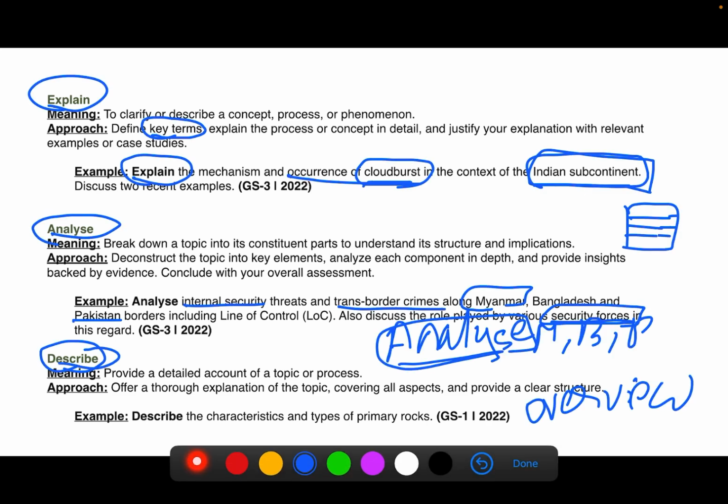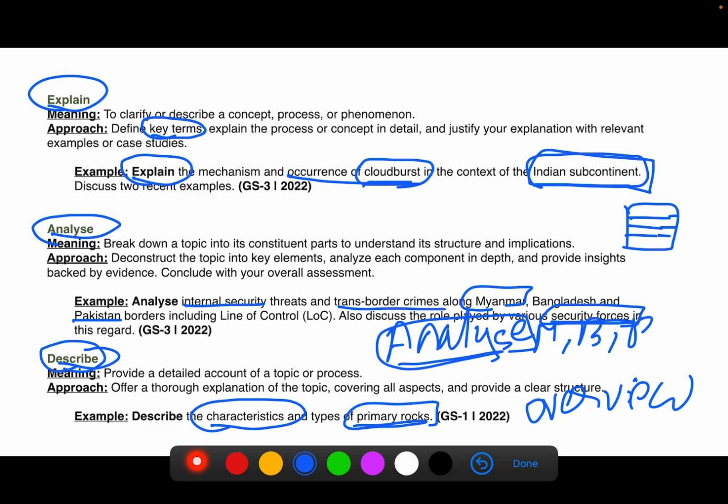See, in the example here, the question is specifically on the types of primary rocks. So here we need a detailed description of what the primary rocks are, how they are formed, what the different types are and their characteristics. They are igneous rocks, of volcanic origin, with several types.